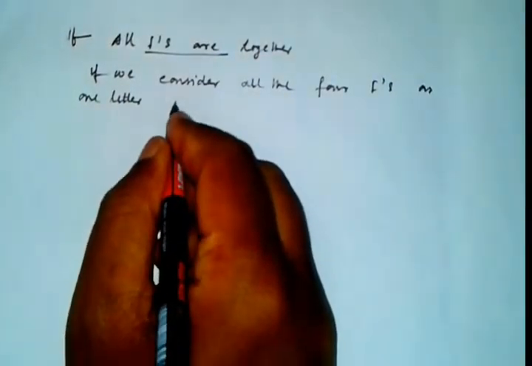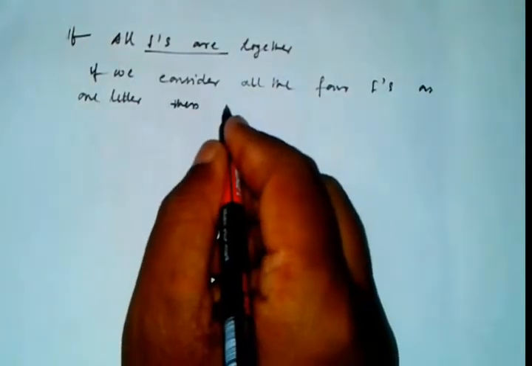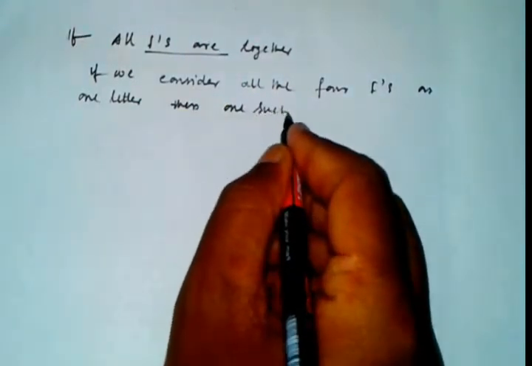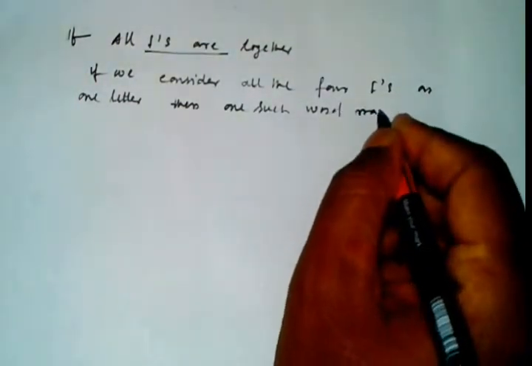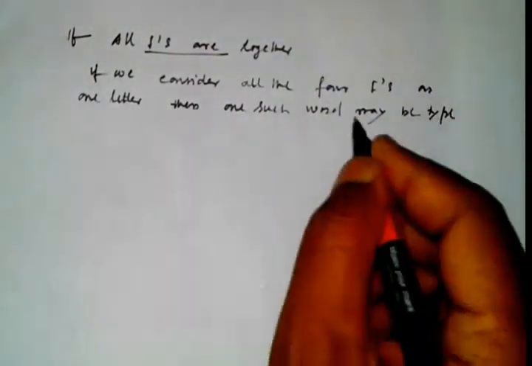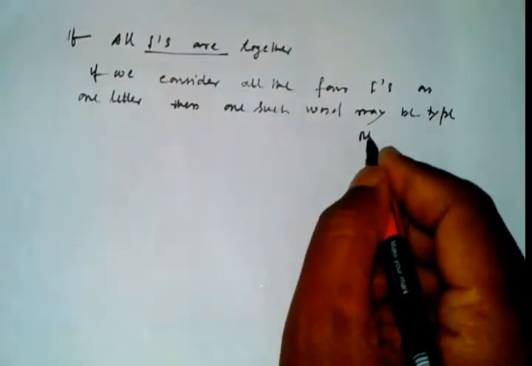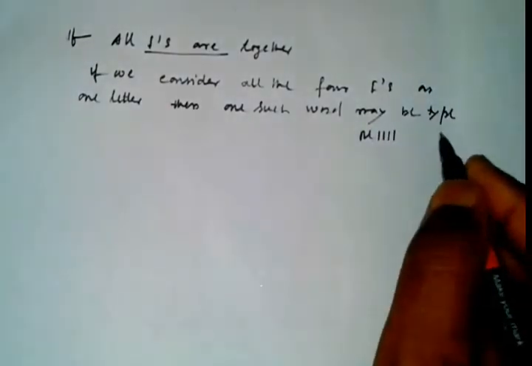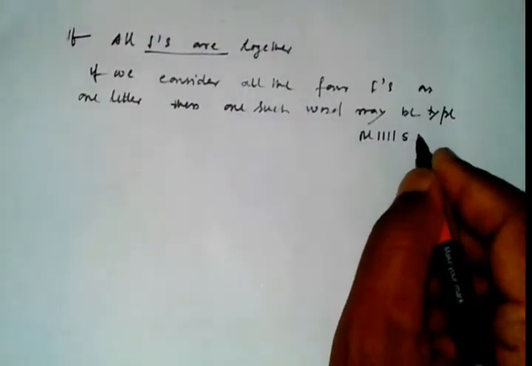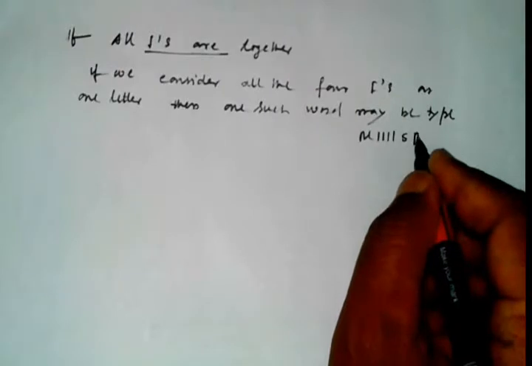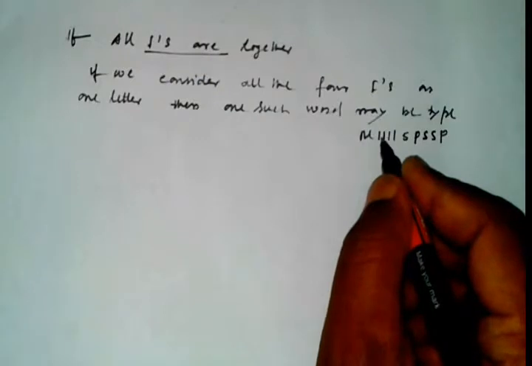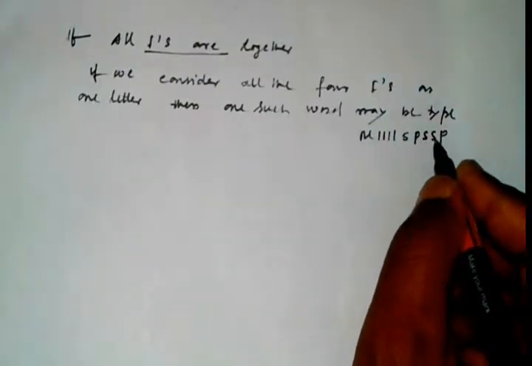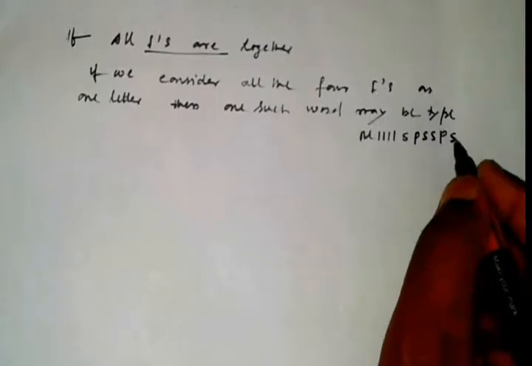then one such word may be of this type: I, with the four i's together, S, P, S, S, P, 1 2 3 4 5 6 7 8 9 10 11.